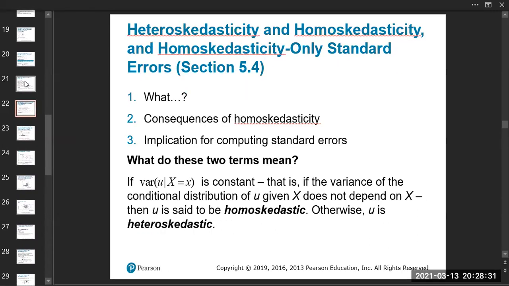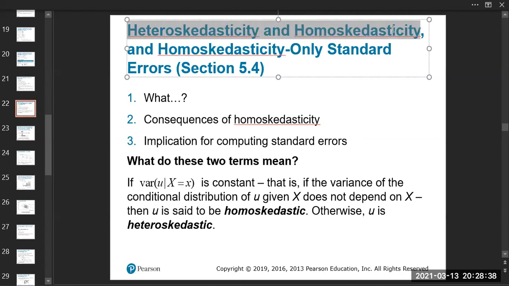After page 21, just forget about it. The only thing you need to know is that heteroskedasticity and homoskedasticity only matter because the standard error would change, but we do not discuss it in this class. Okay. All right. I look forward to sharing with you how to cope with the problem sets of this chapter. Okay.